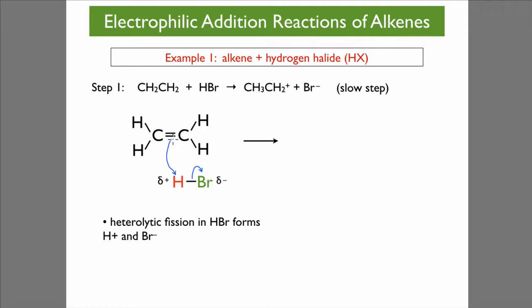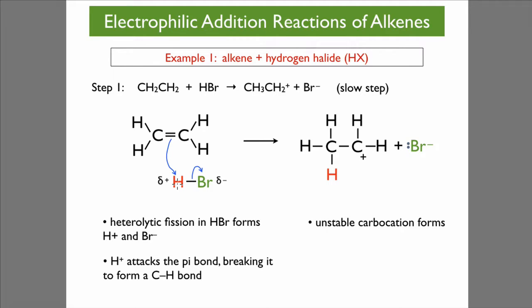This causes heterolytic fission in hydrogen bromide, forming positive hydrogen and a negative bromide. The hydrogen attacks the pi bond, breaking it to form a carbon-hydrogen bond. So we get this unstable complex, the carbocation forming, and the bromide ion.